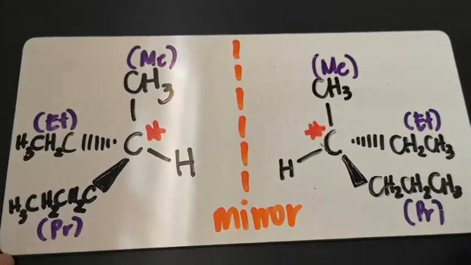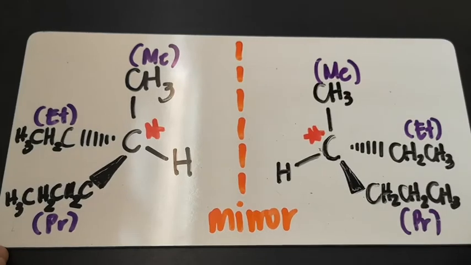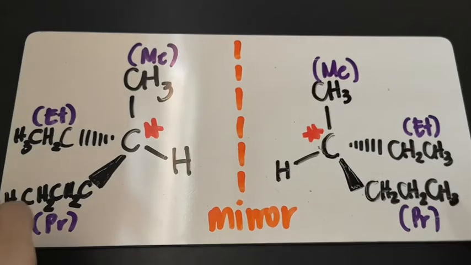Let's go back to our example, which is 3-methylhexane. These two enantiomers are not the same, and our task is to assign the R and S configuration for the appropriate molecule.